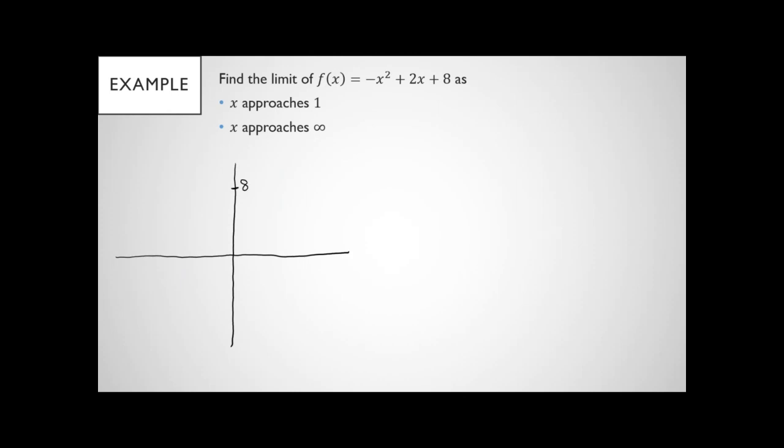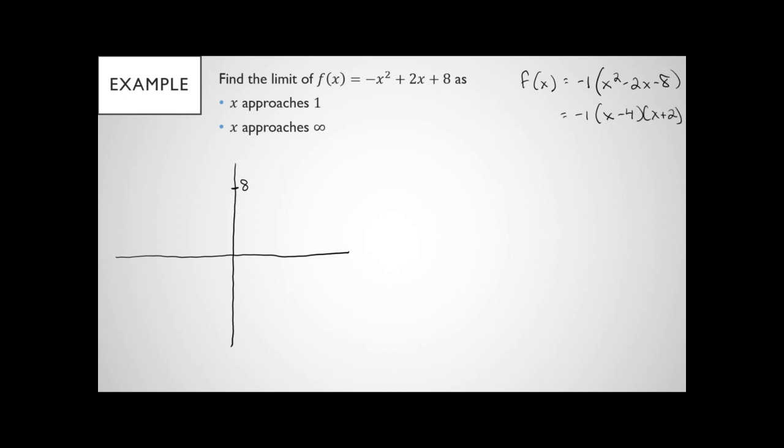If I want to sketch this graph, I'm going to factor. First I'm going to factor out a -1. That's x² minus 2x minus 8. And then if I factor this, that is x minus 4, x plus 2, and I can find my x-intercepts.